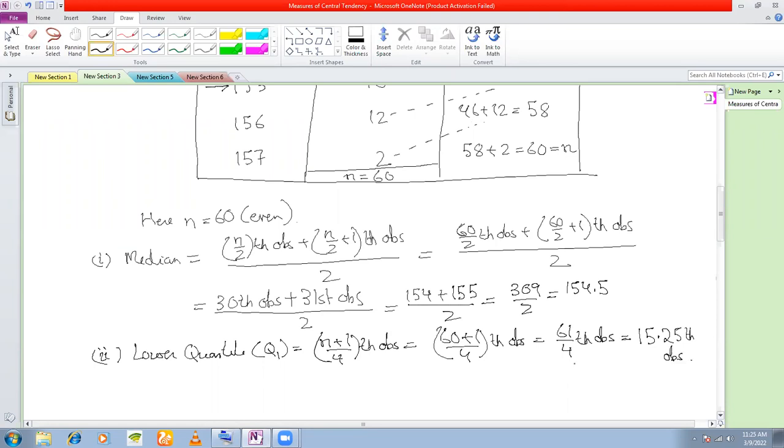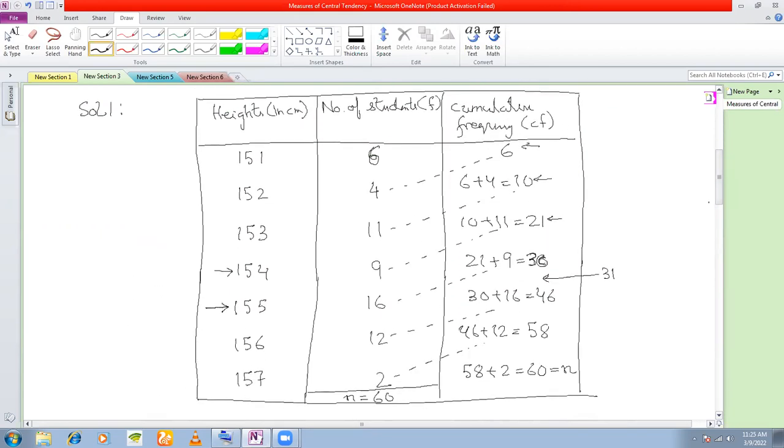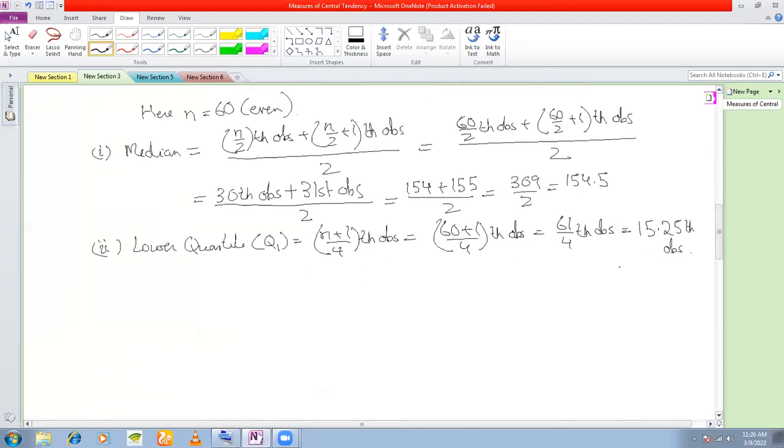Right? Now the question is, which one is the 15.25th observation? So you again look at the cumulative frequencies table. If you look at it, you see that the 15.25th observation lies between 10 and 21, right? So you will take this as your 15.25th observation, which is 153.